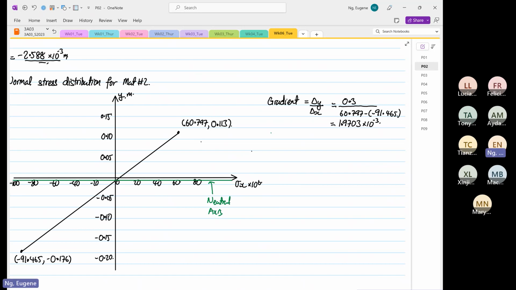So now that we know this, if we were to create a function, y is equal to 1.9703 times 10 to the power minus 3 times the stress value plus C, where C is the y-intercept. To find the y-intercept, we just need to substitute.